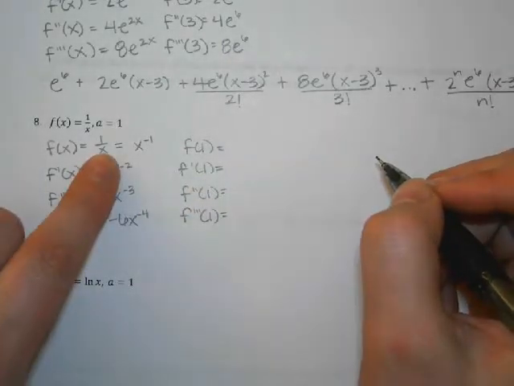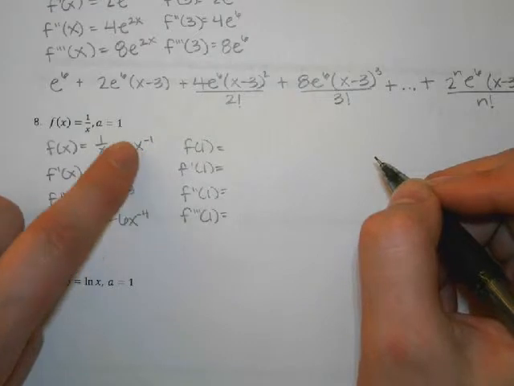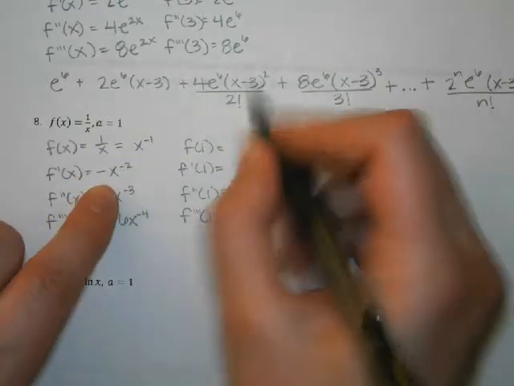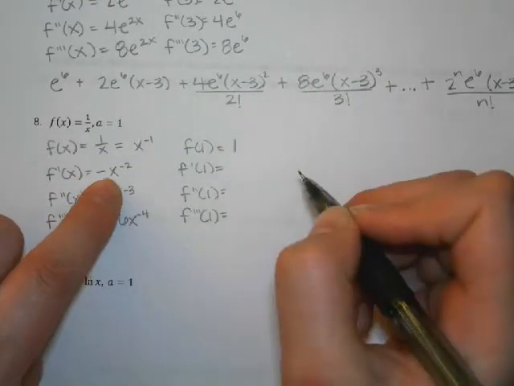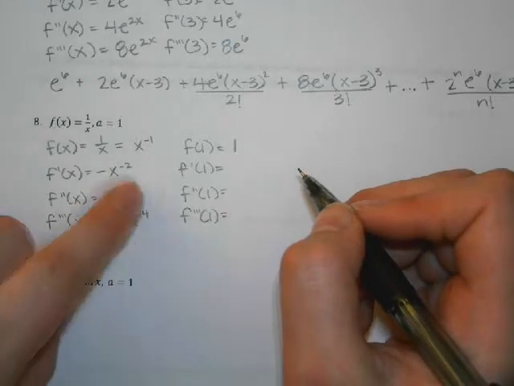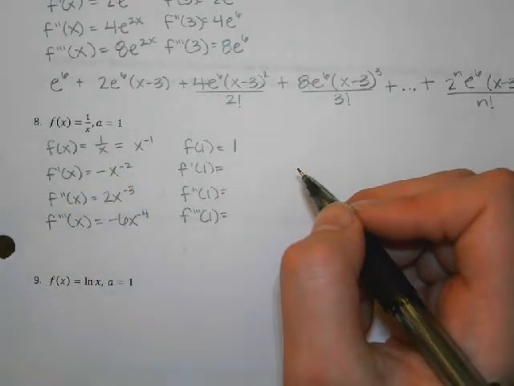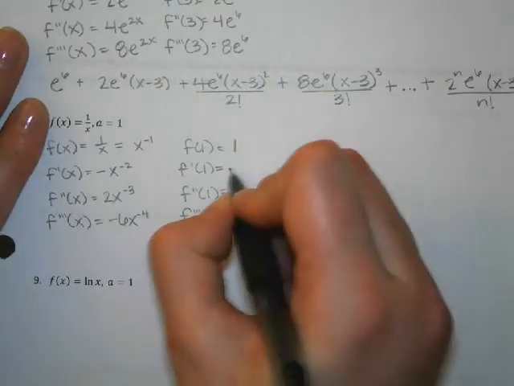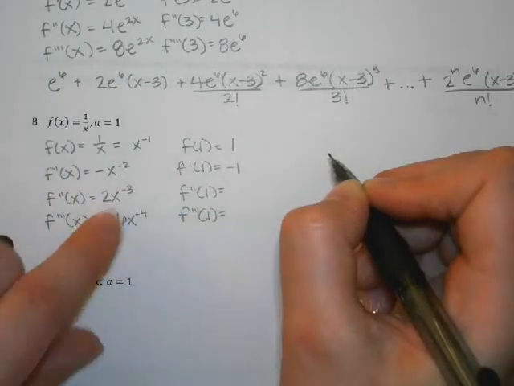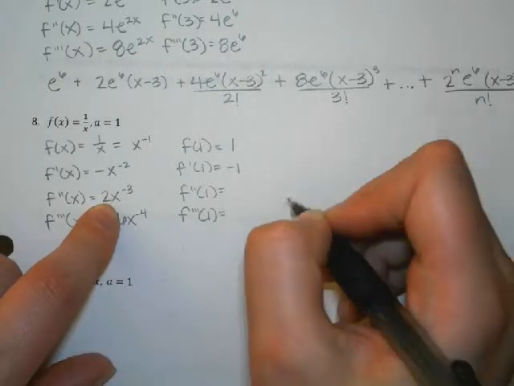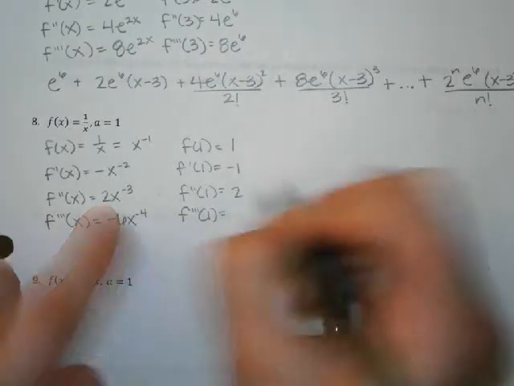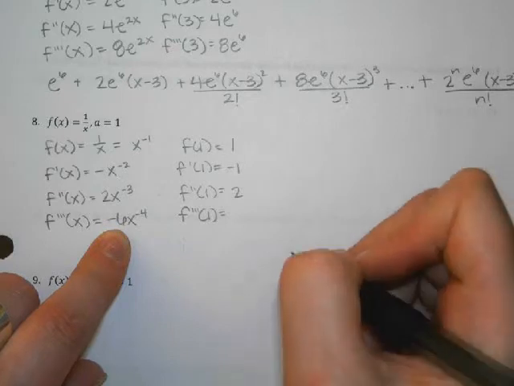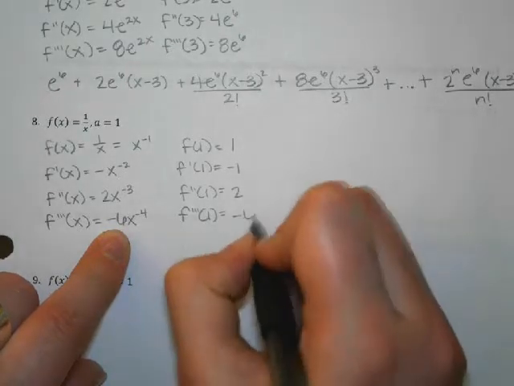So f of 1 would be 1 over 1, which is 1. F prime of 1 would be negative 1 divided by 1 squared, which is negative 1. F double prime would be 2 divided by 1 to the third. Negative 6 divided by 1 to the fourth. Okay.